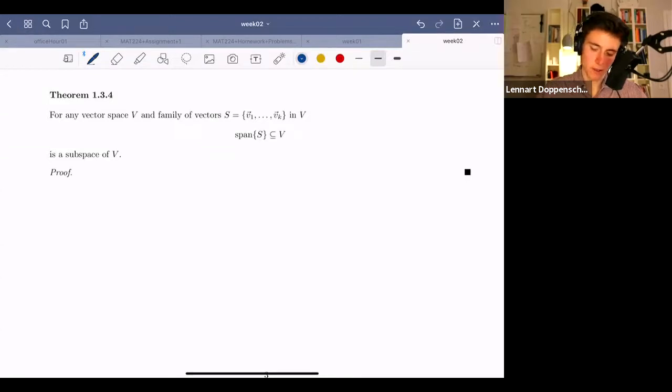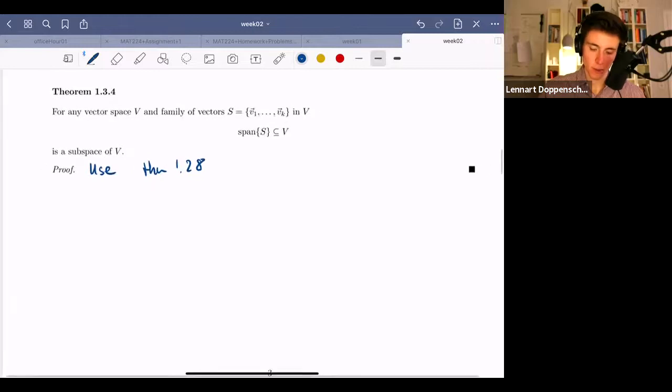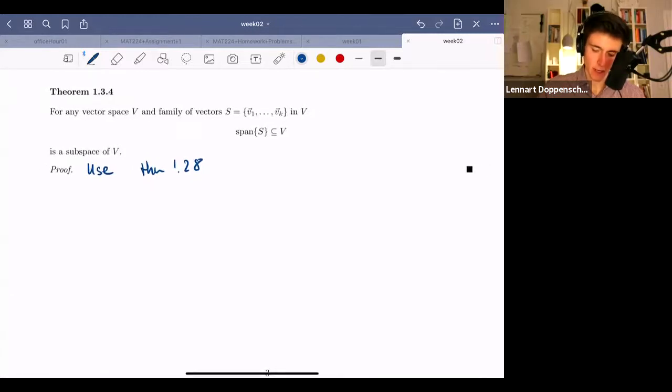We can use theorem 1.28 from last week. I'm just going to explain it to you; you can read it in the book too, if it's proven there.